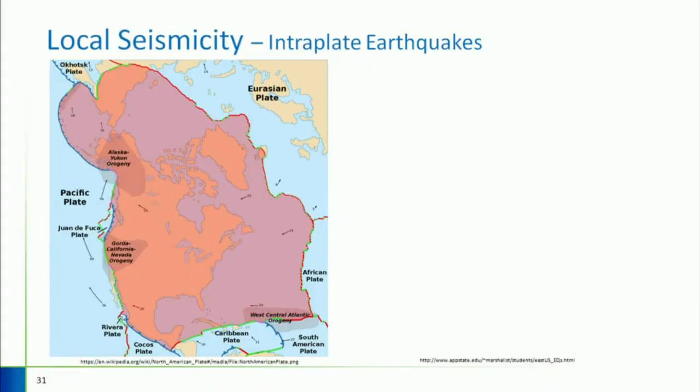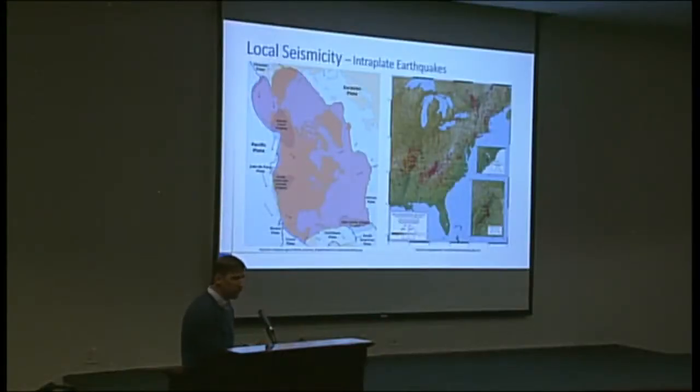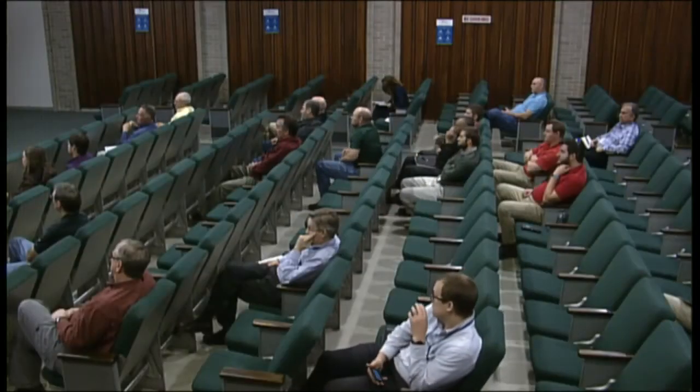So 19, 15, 24, 25. So there is some distortion within this plate that is accumulating stress. And on the right, you see that there are two main areas that have released large earthquakes in historical past. New Madrid and Charleston.